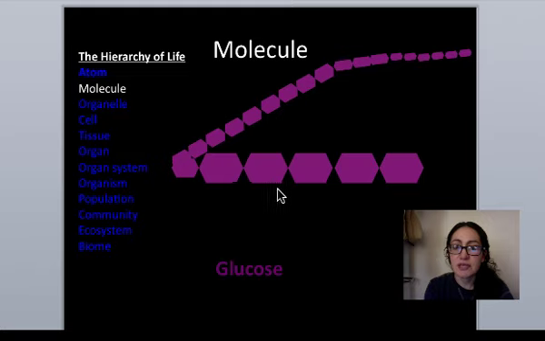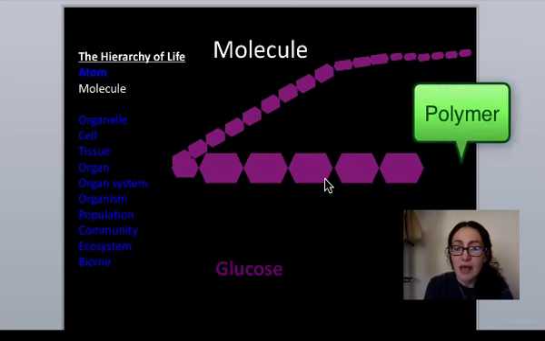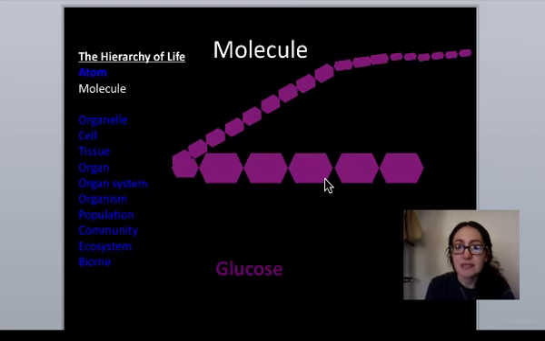This chain is known as a polymer, and a polymer is a repeating chain of a particular subunit. Glucose could be a great example, where you see glucose repeating over and over again to form a polymer.